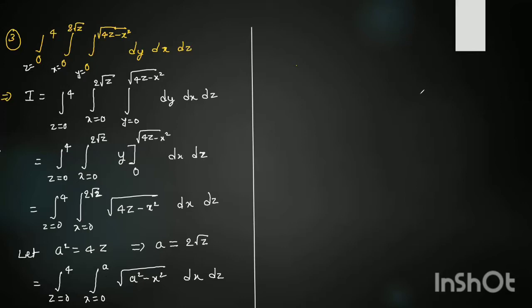So the integral is, for z from 0 to 4, keep it as it is, x by 2 times square root of a square minus x square, plus a square by 2 times sin inverse of x by a, with limits 0 to a, and dz.